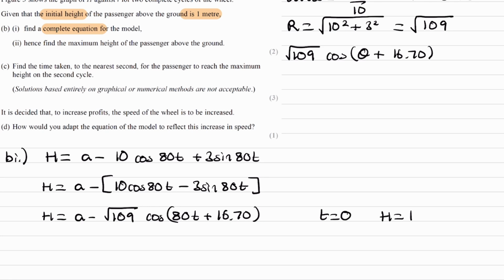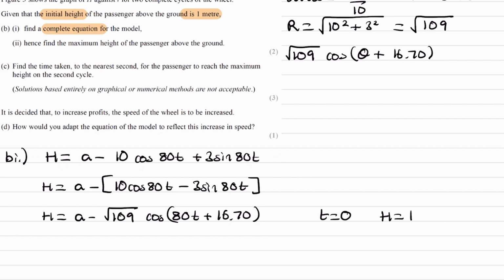It probably makes more sense in this question to put it into this one, because when we put t equal to 0 into cos at and sin at, we get exact values, whereas if we were to put it into this, we'll get some kind of decimal. So we'd be doing cos of 16.7, since at would be 0, and cos of 16.7 is some kind of decimal, unless you save the full angle in your calculator. So it's probably easier to use this equation here.